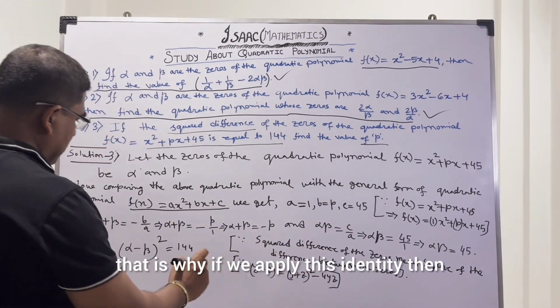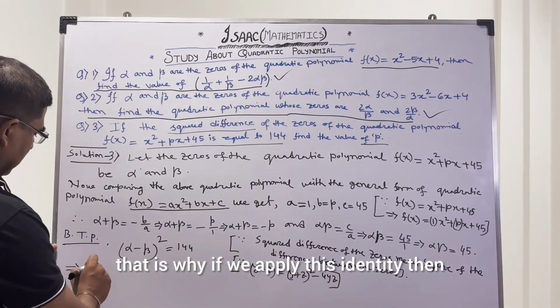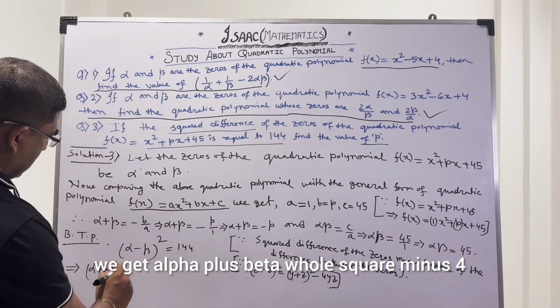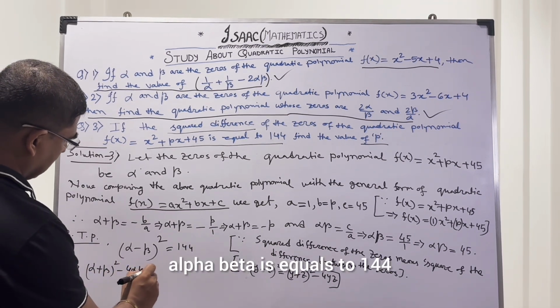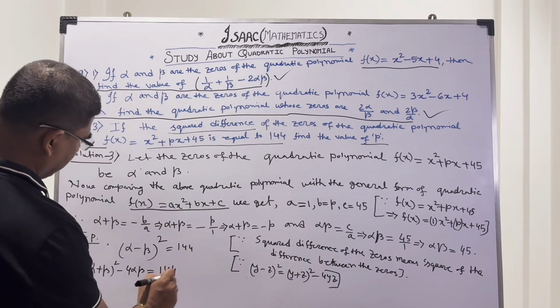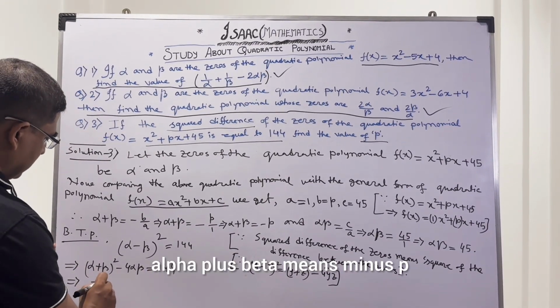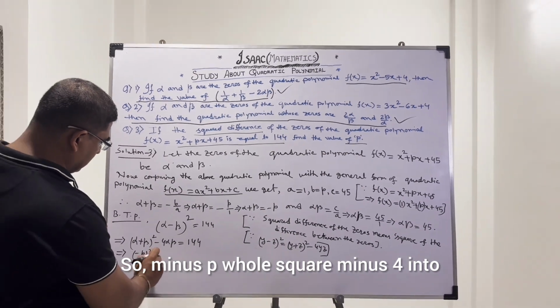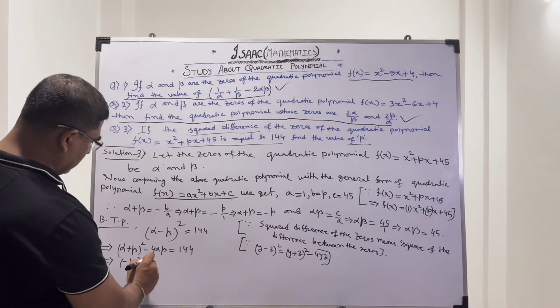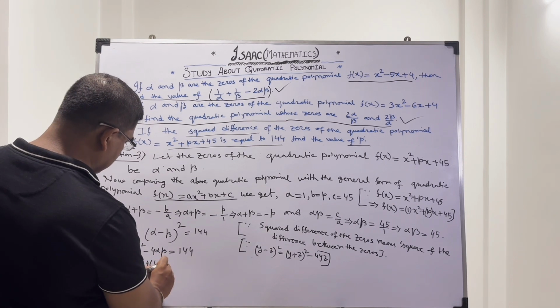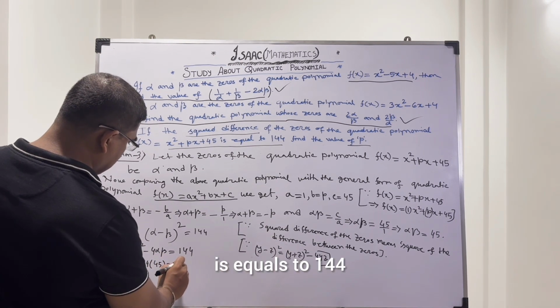That is why if we apply this identity, then we get alpha plus beta whole square minus 4 alpha beta equals 144. Alpha plus beta means minus p. So minus p whole square minus 4 into alpha into beta means 45 equals 144.